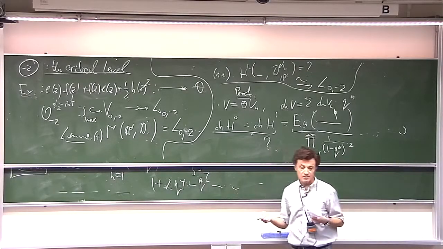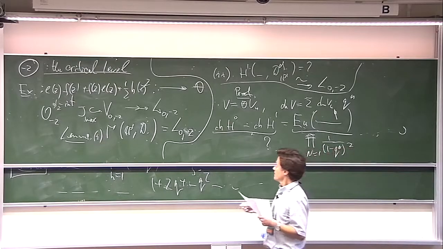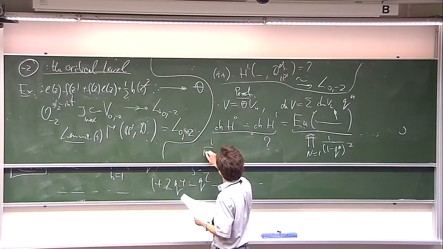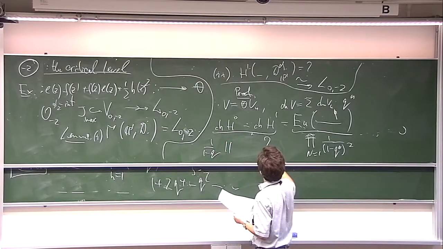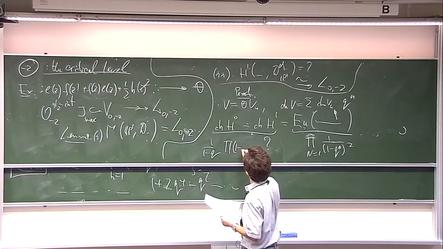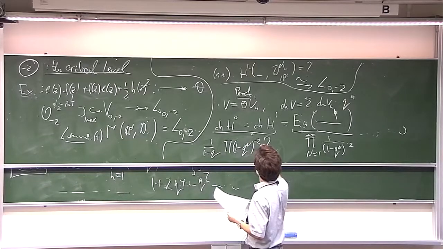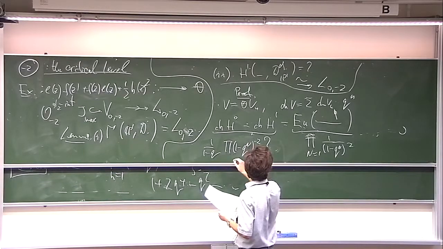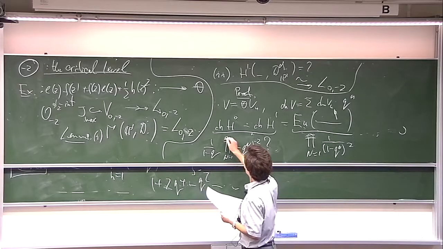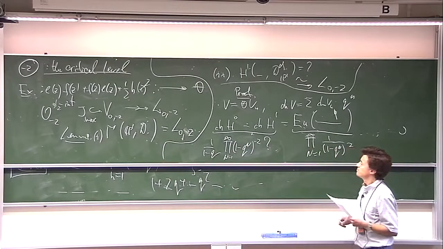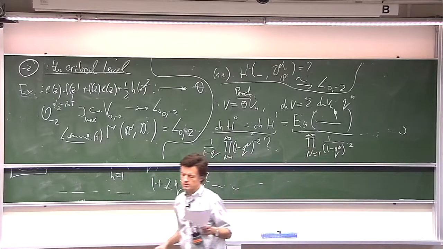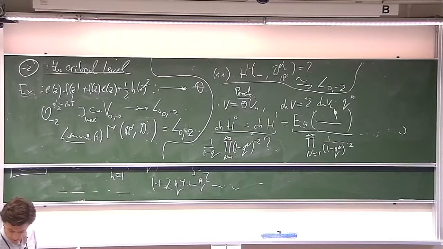It's easy to write a character formula. I think it's something like this. I can check it if you like. Yes, that's what I have in my notes at least.